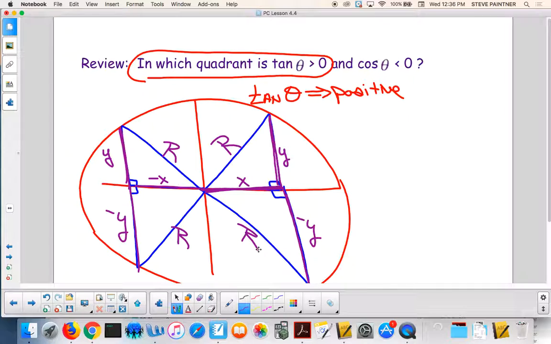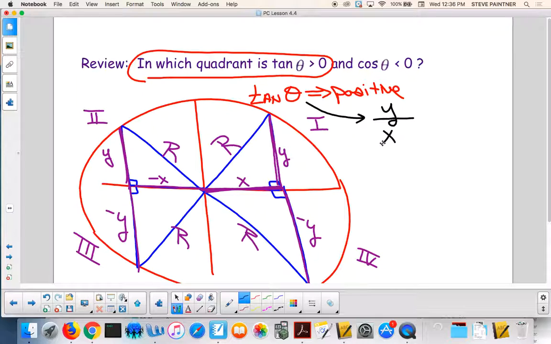Okay? So now the question becomes, in which quadrant is tangent positive? Well, this is quadrant 1, quadrant 2, 3, and 4. And you should know tangent is just what over what? It's just y over x, okay?